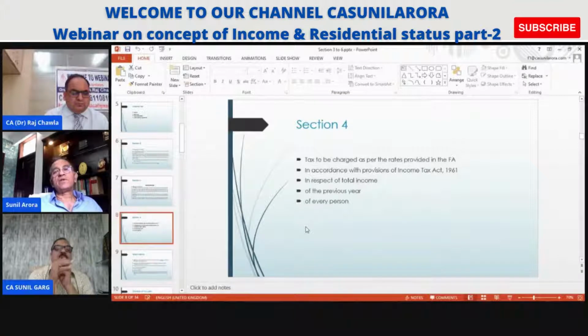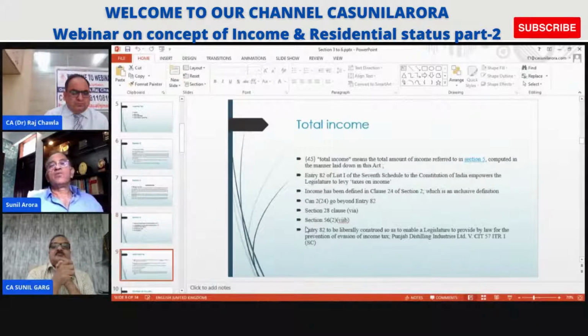The rate of tax we already know. Computation has to be made in accordance with the provisions of the Income Tax Act 1961.